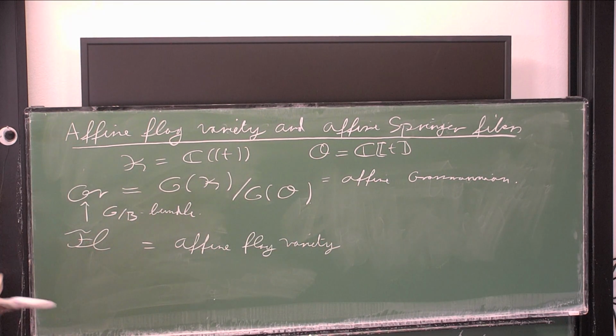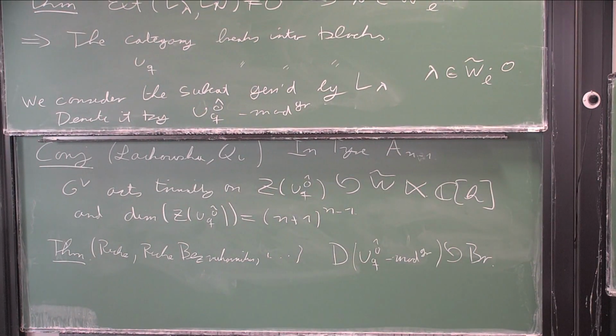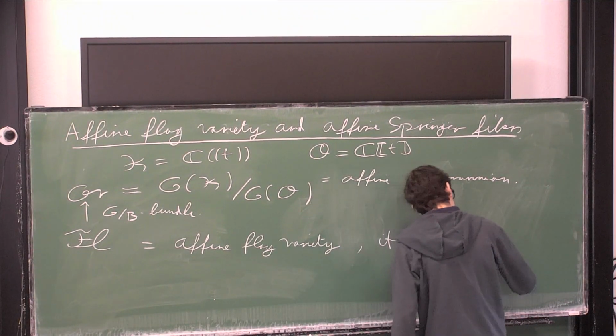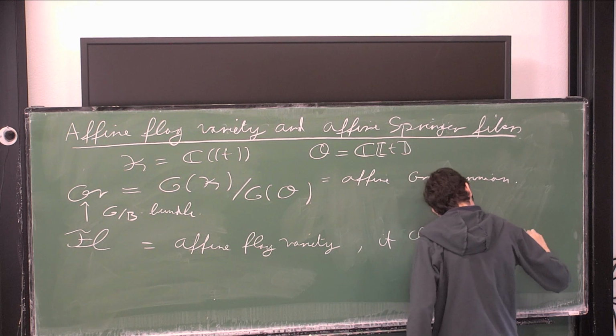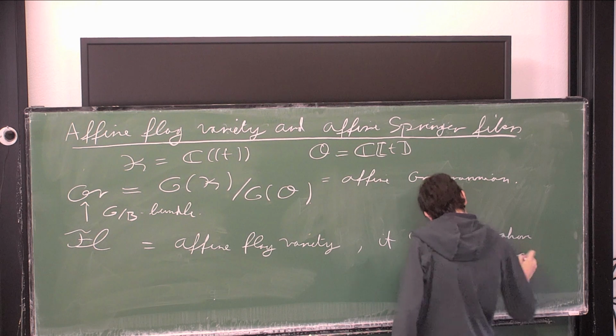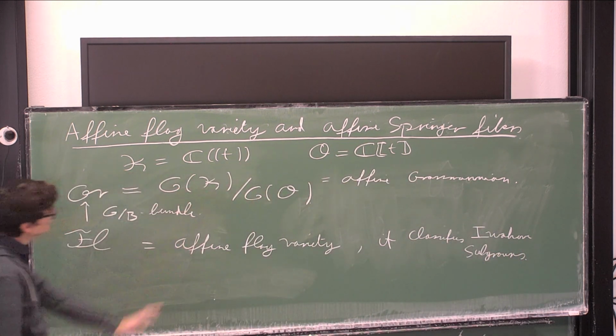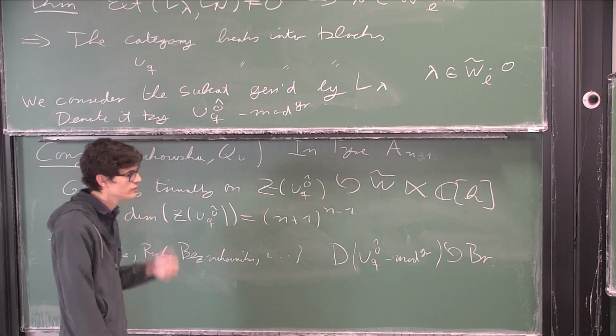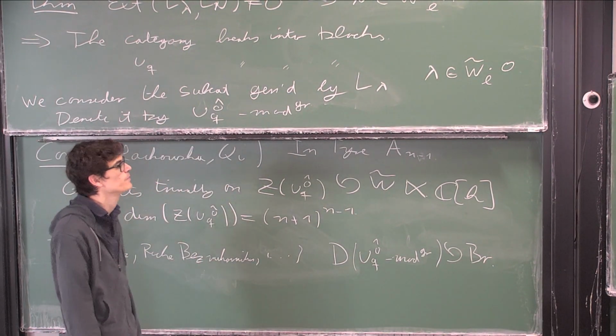It classifies some subgroups of G of K known as Iwahori subgroups, in the same way as the finite flag variety classifies groups conjugate to the Borel, classifies Borel subgroups.